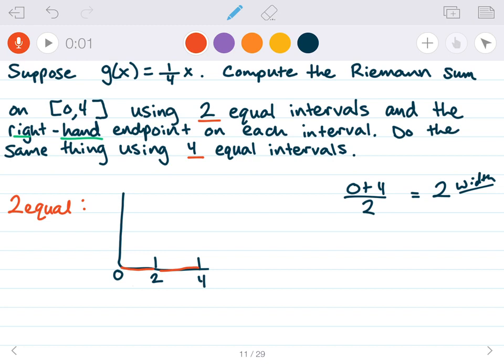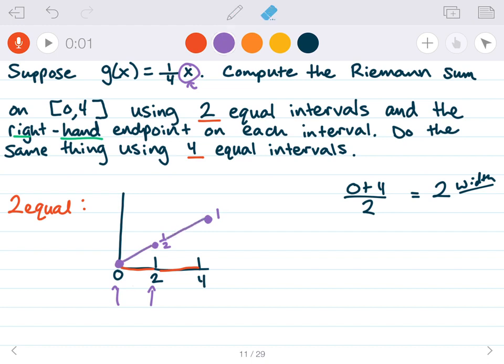When x is 0, 1/4 times 0 is 0, so that's our first point. When x is 2, 1/4 times 2 is 1/2, so this height is 1/2. And if we plug in 4 for x, a fourth times 4 is 1. It's going to be linear, and there is our nice little function.